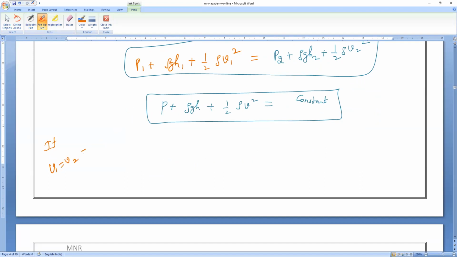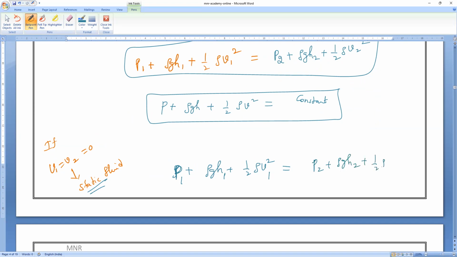So if I consider V1 equals V2 equals 0, it means it is a fluid of what? What fluid is it? Static fluid. Then P plus rho GH plus half rho V square equals, P1 H1 V1, P2 plus rho GH2 plus half rho V2 square. If it is a static fluid, what will happen?